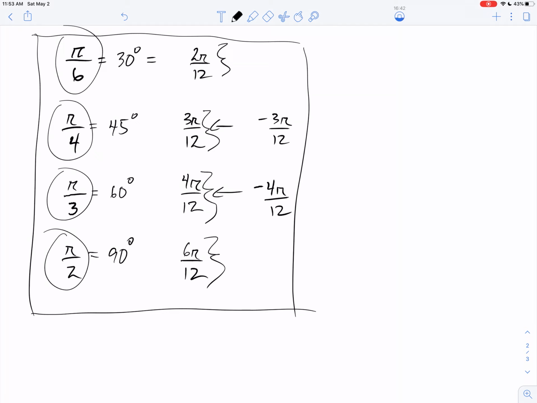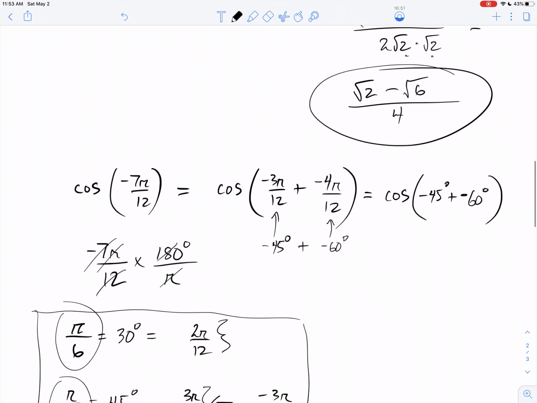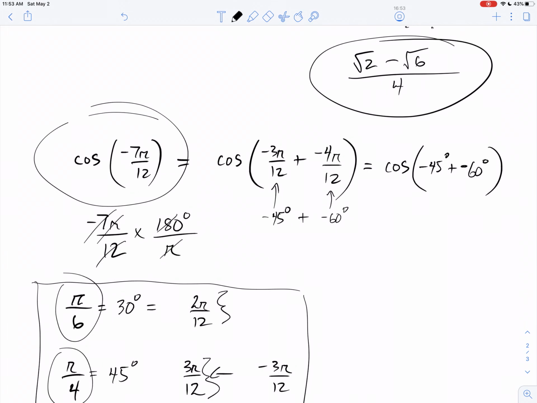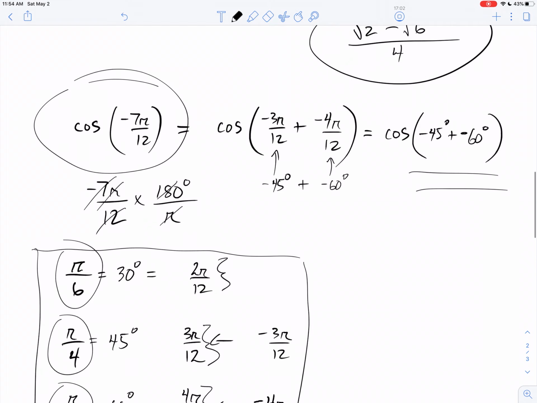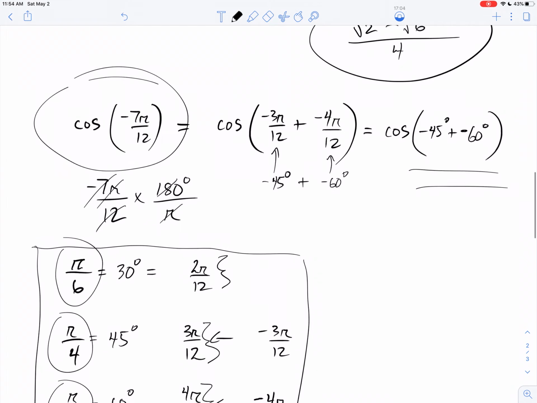So you will see the number 12 in the denominator on a lot of these. What did I do? I used this trick where I could get it to here, and then I can convert it to something I know. So let's finish this one. And then, you know what? We'll do some practice. So we have cosine.